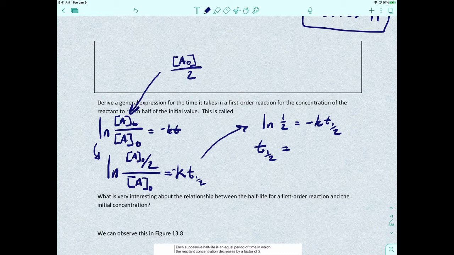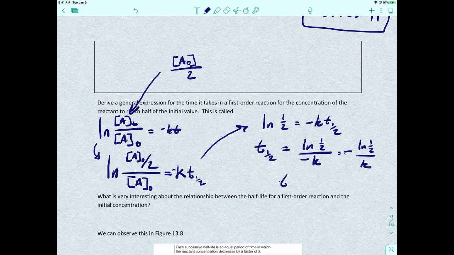Now, if we solve for the time, we have to divide both sides by negative k. So we would have natural log of 1/2 divided by negative k. Or we could rewrite this as negative natural log of 1/2 over k. Now, if we evaluate the natural log of 1/2, that's going to come out to be a negative 0.69 times the negative sign.